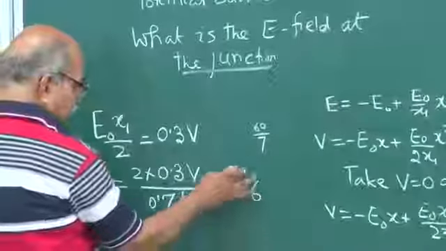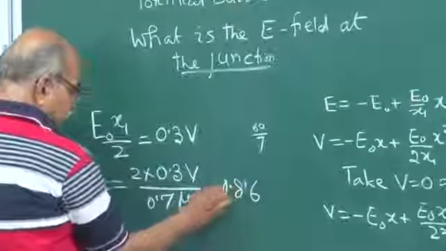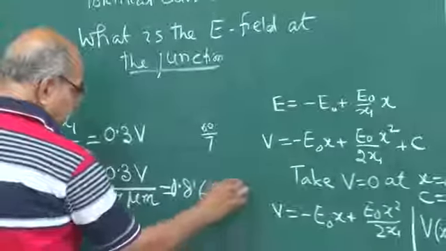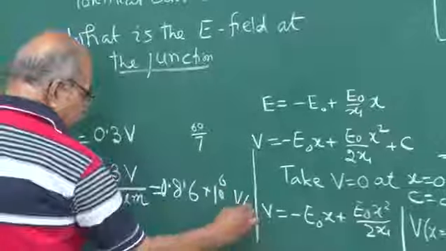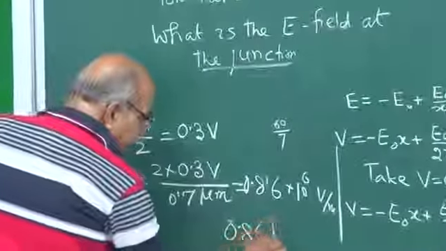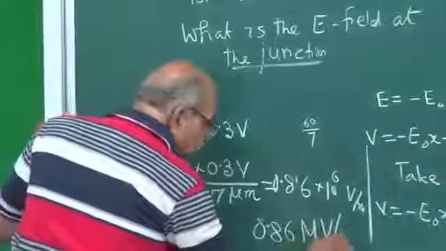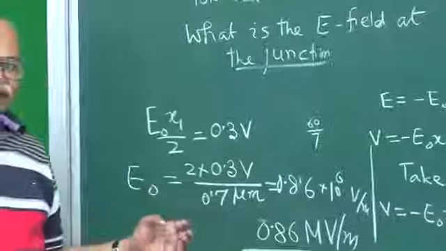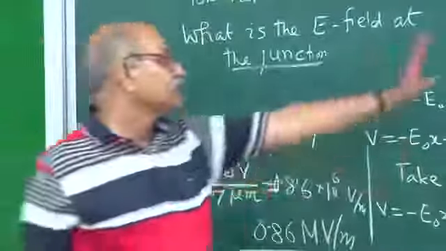So 0.86 times 10 to the power 6 volts per meter, or 0.86 megavolts per meter. That's the maximum magnitude of electric field which exists at the junction.